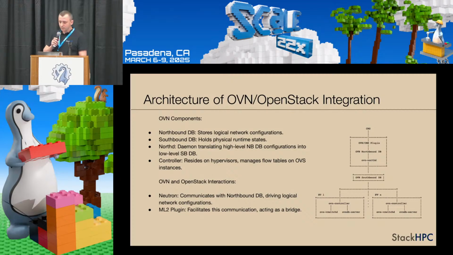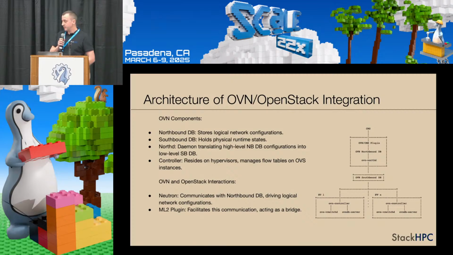So on the top we have the cloud management system, in our case Neutron and its OVN driver. It can be different, like I think somebody mentioned kubeOVN, for instance. So our networking configuration in OpenStack is translated to the OVN northbound database by the driver, in case of ML2 OVN.